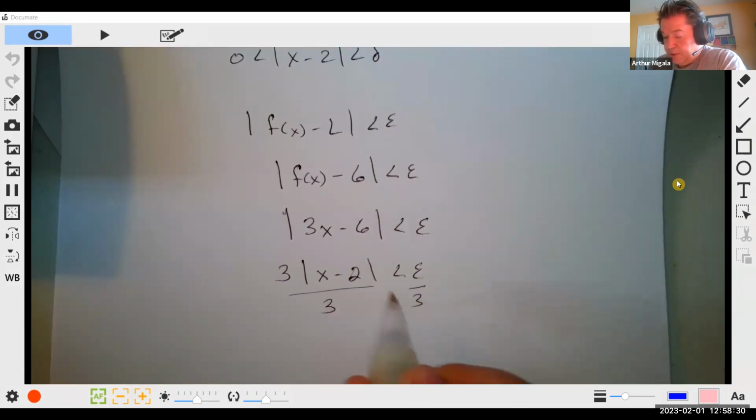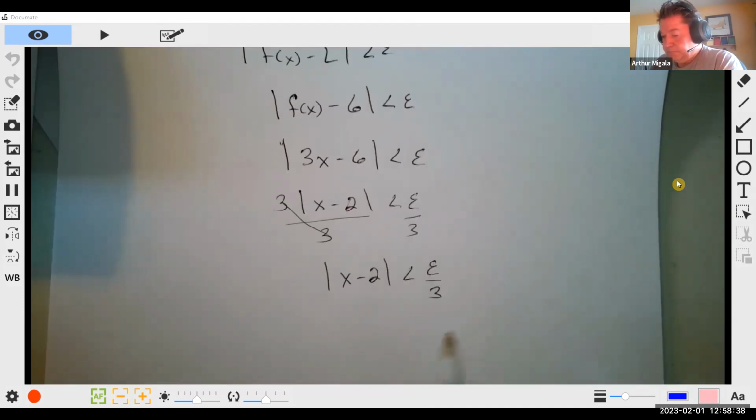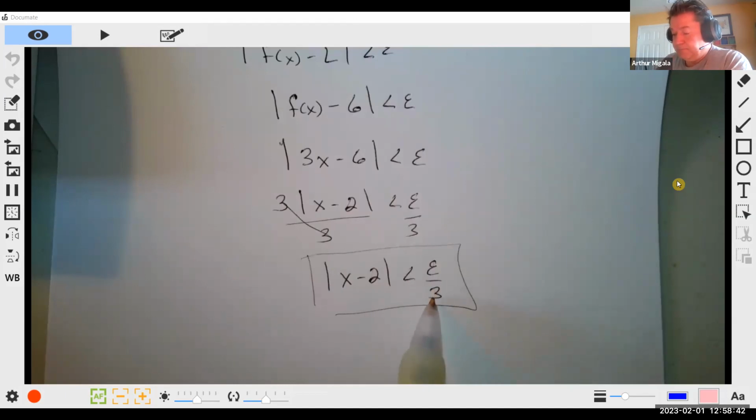Divide both sides by the coefficient. Okay, so we have the relationship now.